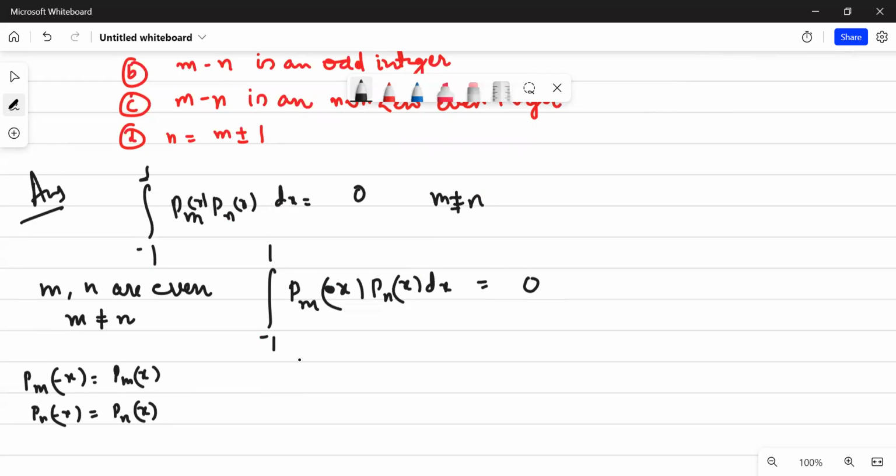Okay? So I'll separate this integral into -1 to 0 as one part and the other part separately.